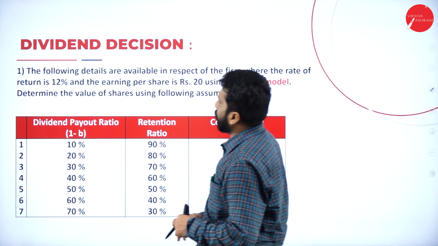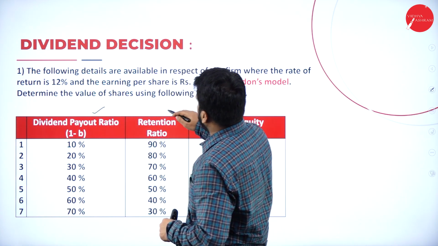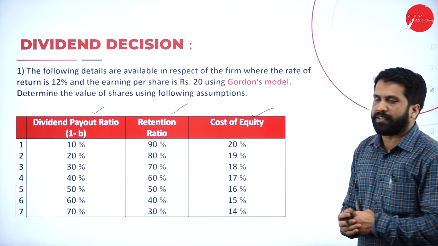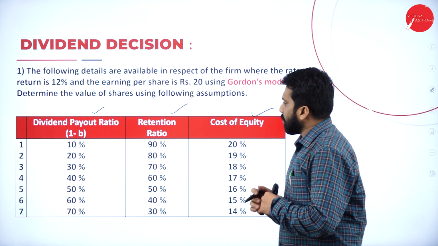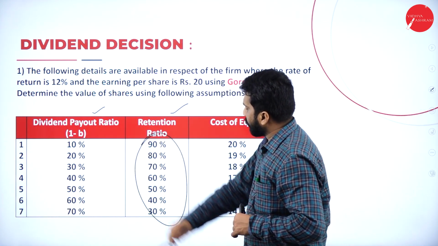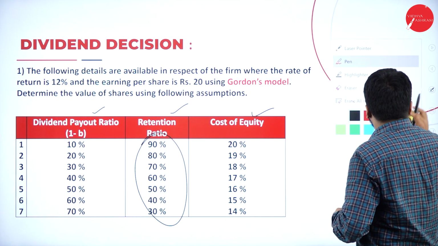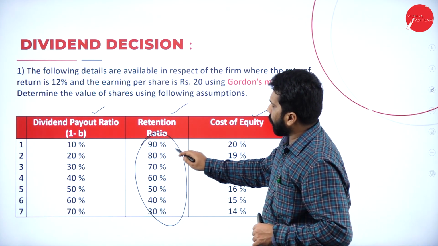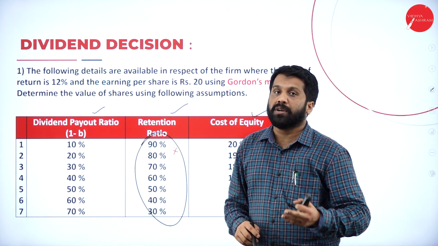Under Gordon's model, you have dividend payout ratio, retention ratio, cost of equity. Remember, in some problems they will not give you the retention ratio. If the retention ratio is not given, then what to do?